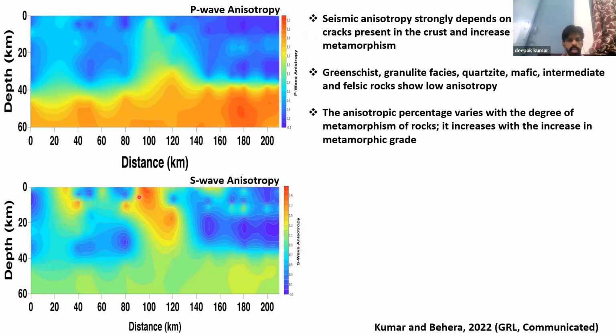That is because S wave is very sensitive to fractures, any kind of variation in the lithology, and the presence of fluid. And for anisotropy, S wave splits into two waves polarized in two different planes. So S wave is much more sensitive towards anisotropy, and that is why we see different types of structures in the S wave anisotropy model, which are not present in the P wave model.